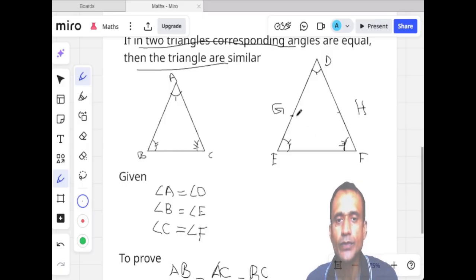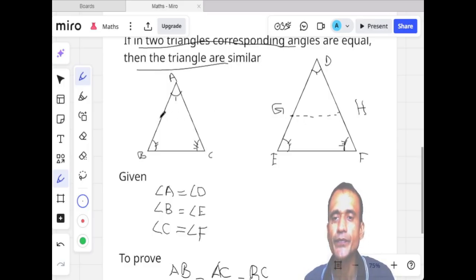Now let us join these points G and H. As you know, to prove something, we are required to do some constructions on our own.